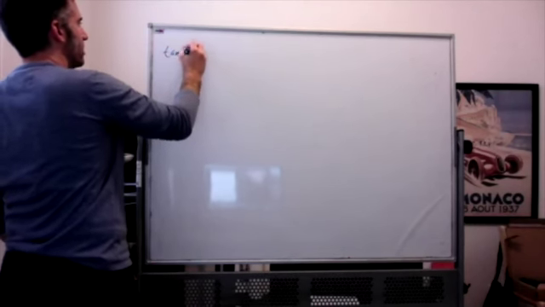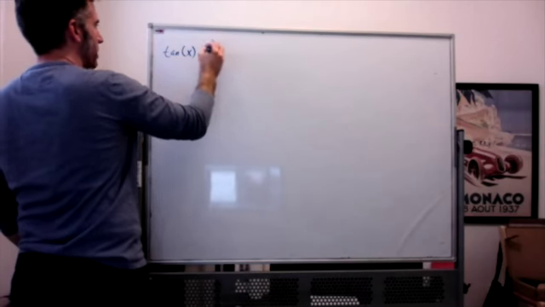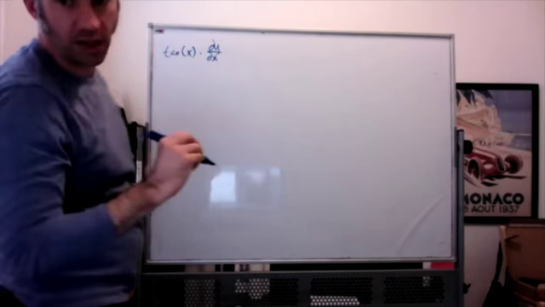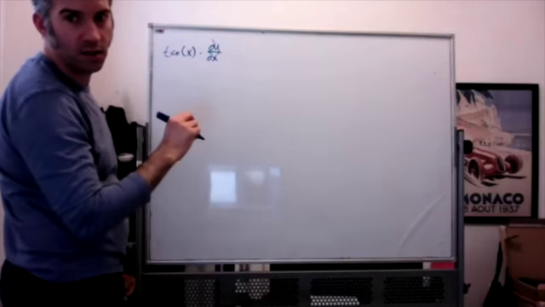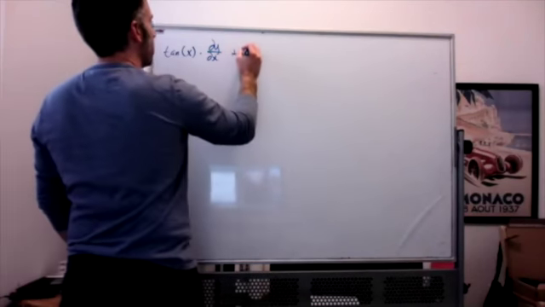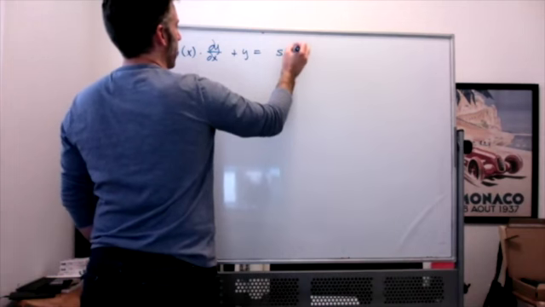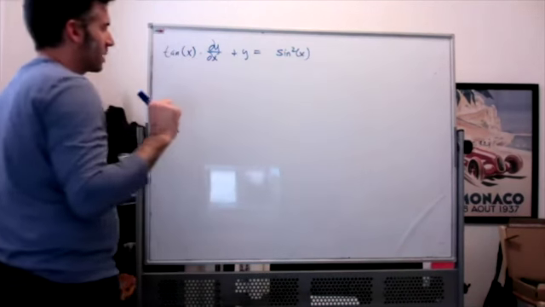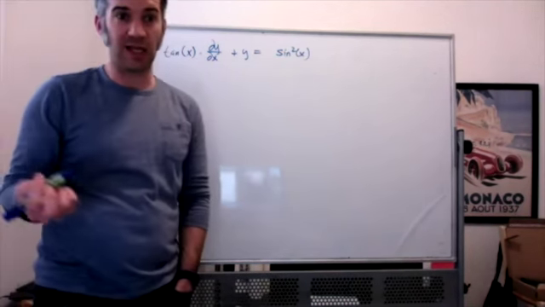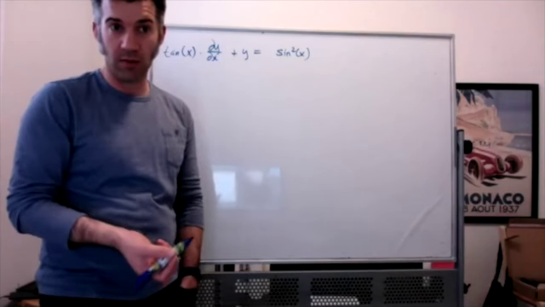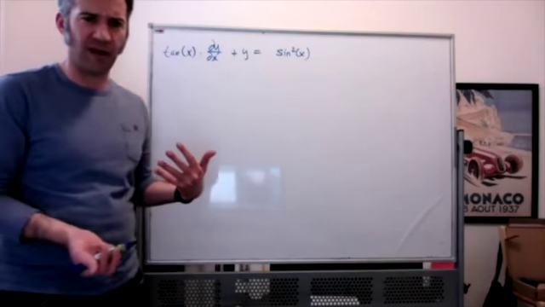Tangent of x times dy dx plus y equals sine squared of x. So this is definitely looking like the integrating factor form. Well, kind of, right? It's not exactly.